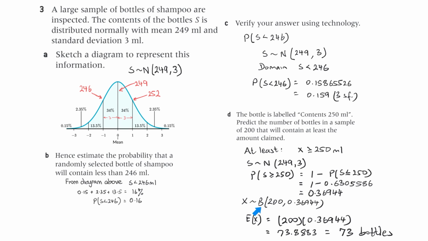Remember, X is distributed binomially, with 200 trials, and this is the probability of it being above 250. The expected value is just n times p, the number of trials times the probability of it occurring, and that came out to be 73.8883, which I've put down as 73 bottles. The textbook says 74. I think you could make an argument either way, whether it would be 73 or 74 for this question.